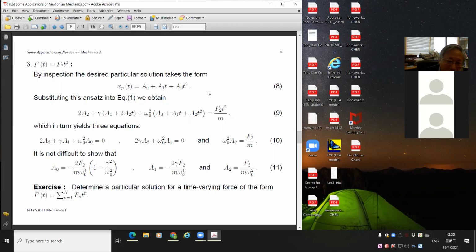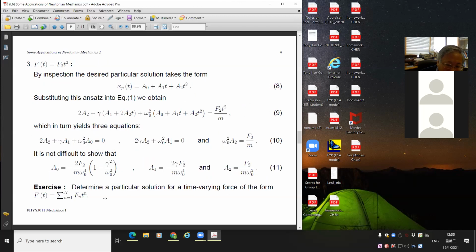Then we have 2a2 for the second derivative term. The first derivative term will give you this. The natural frequency term will give you this, and this is the driving term. We collect the like terms: constant term, linear in t, quadratic in t. So we have 3 unknowns, 3 equations. Again, we can solve it. So these are the solutions.